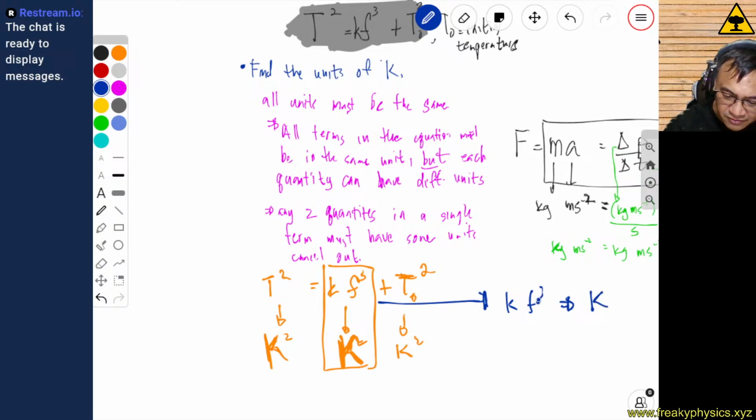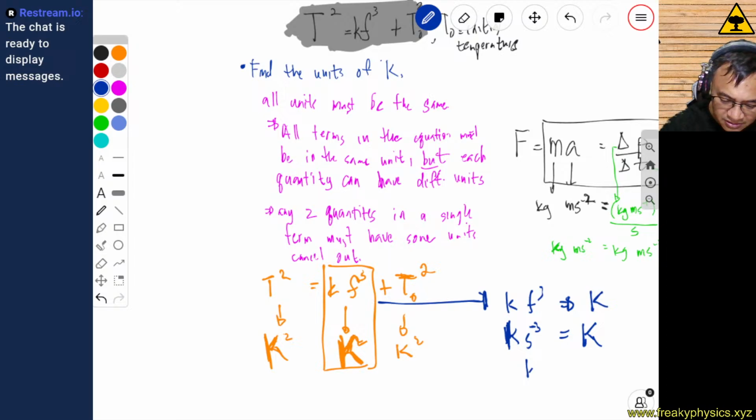But the thing is, frequency is hertz, and hertz is 1 per second. So this is going to be K over second. Let's write it with scientific notation. That's going to be small k times second cubed per second cubed should be equal to Kelvin, right? The unit must be that.